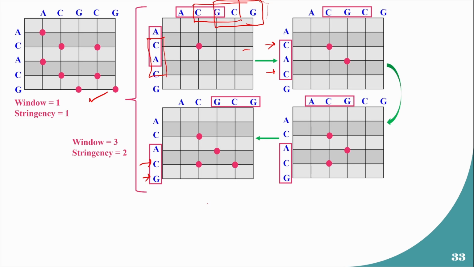If you did that with window size of 1 and stringency of 1, you would have put a lot of noise in there because you have to put the dots everywhere, at empty matching places. But if you increase the window size and figure out a proper stringency, then you can basically reduce the noise of the plot, and then you can possibly infer some better information from the dot plot.